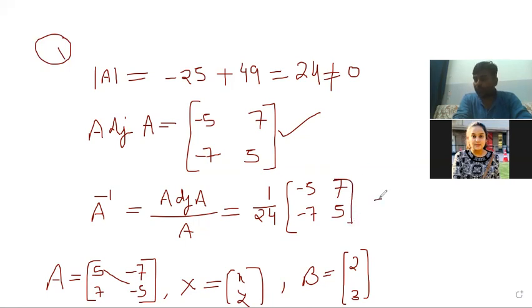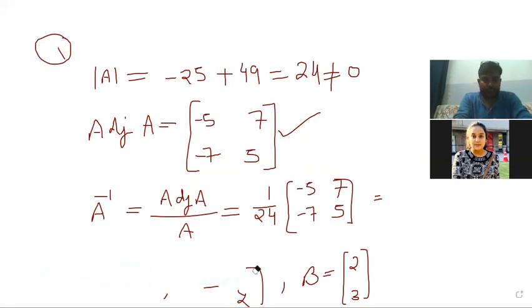So for getting the value of x, we write X is equal to A inverse B.